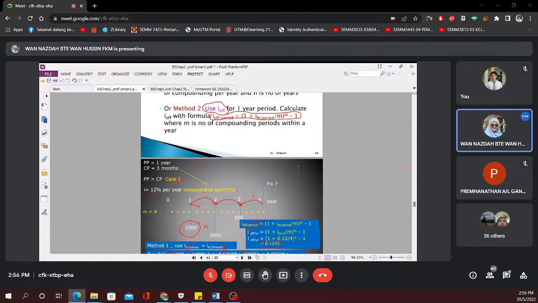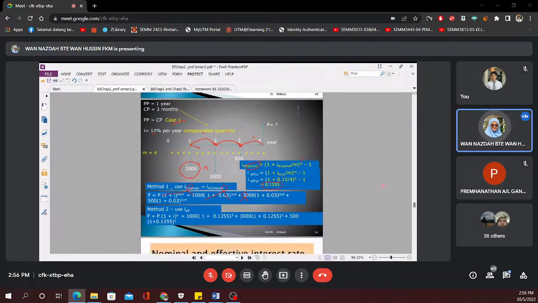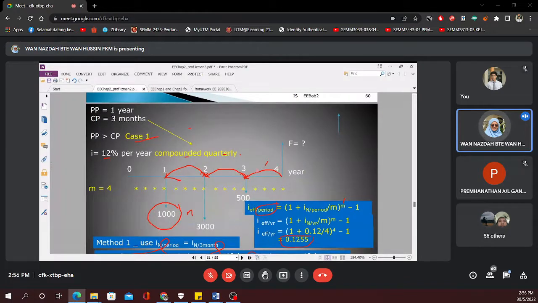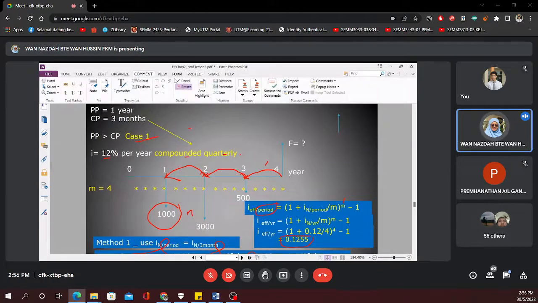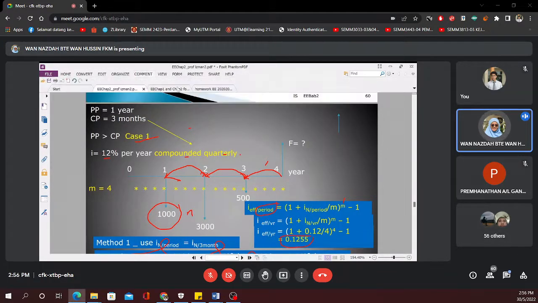Okey. Apa yang dikatakan compounding period dengan payment period ni? Senang cerita macam ni. Alright. So, this one, I equals to 12% ni apa? So, this is I. This 12% is I. Betul?